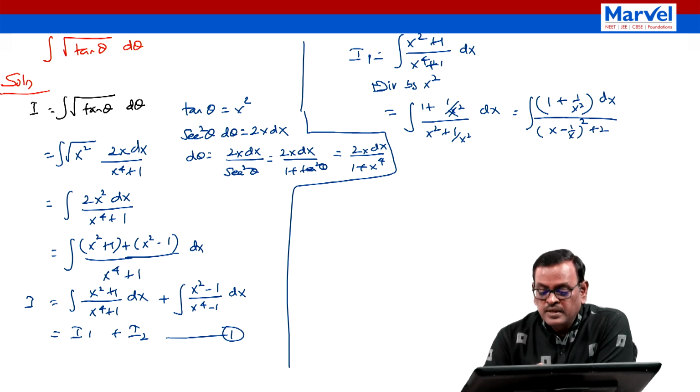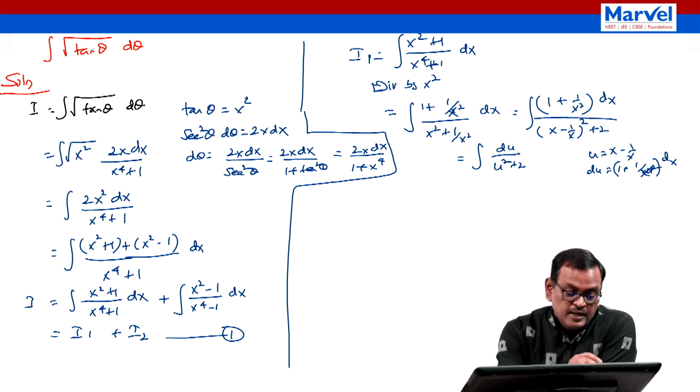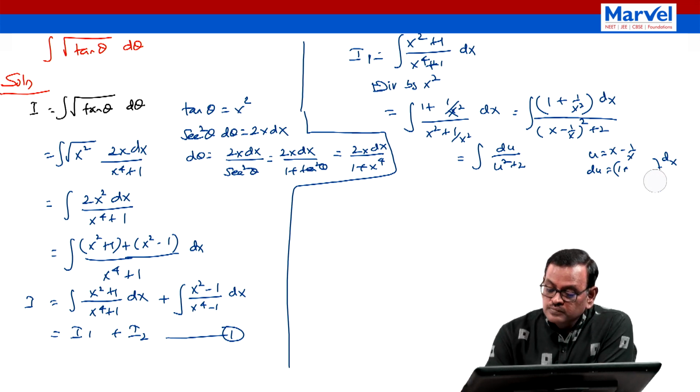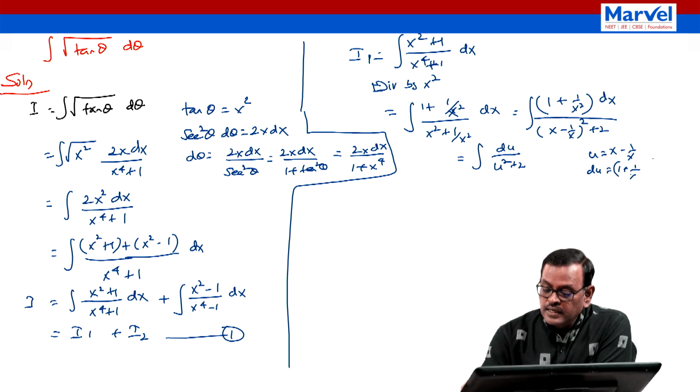So which is equal to du by u square plus 2, where u equal to x minus 1 by x, du equal to 1 plus 1 by x square dx.